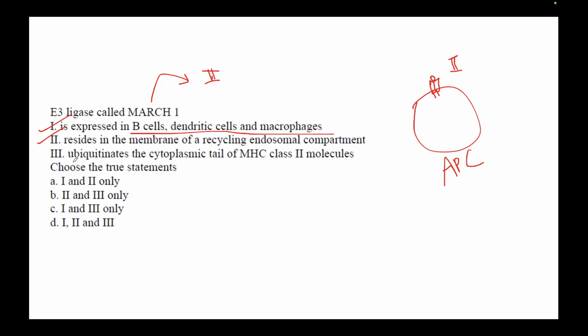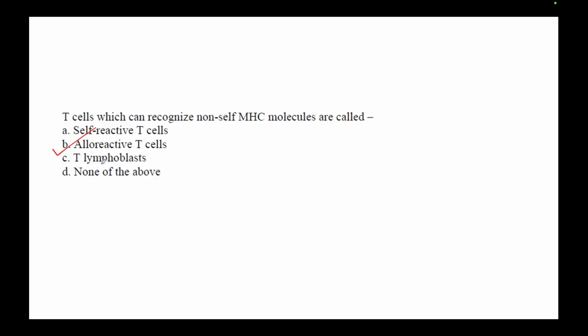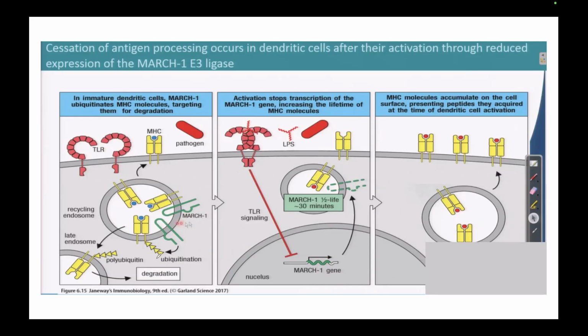The third one is that it ubiquitinates the cytoplasmic tail of MHC class 2 molecule. That is correct. Here you can see, it ubiquitinates the cytoplasmic tail of MHC and thus leads to the degradation of these MHCs.